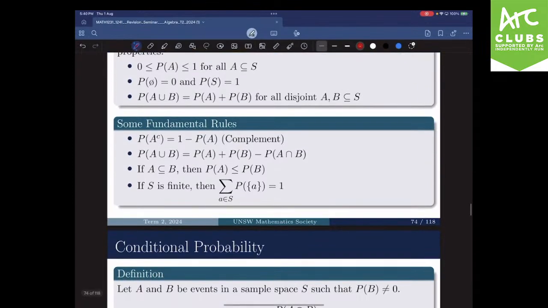And then we move on to some more fundamental rules. P of A complement is equal to 1 minus P of A. A complement essentially just means not A, right? So 1 minus the probability of A gives me the probability that A doesn't happen.